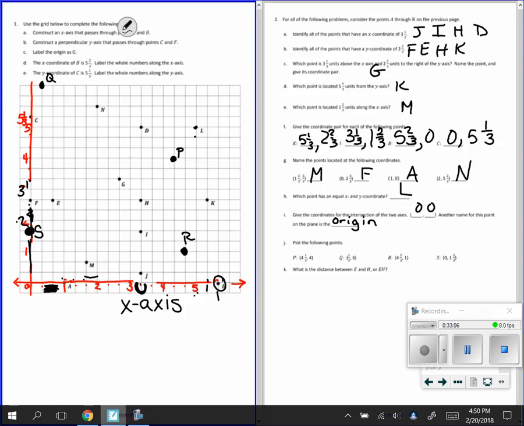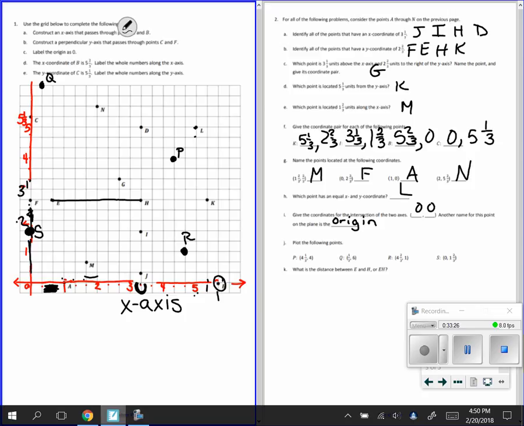What is the distance between E and H? So from E to H, or if I made that a line and called it EH, what is the distance between the two?